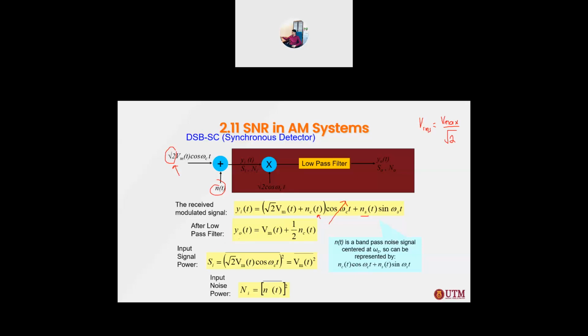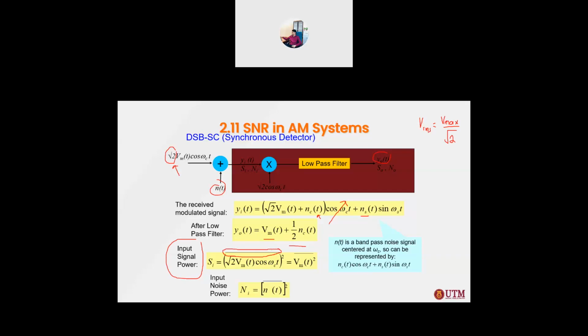So we will end up with y0(t), which is Vm(t) plus half of Nc(t). Then after that, we have input signal power, Si, square root of 2 Vm cos omega c t, so this is actually RMS. You can refer to the module if you want a more readable equation.